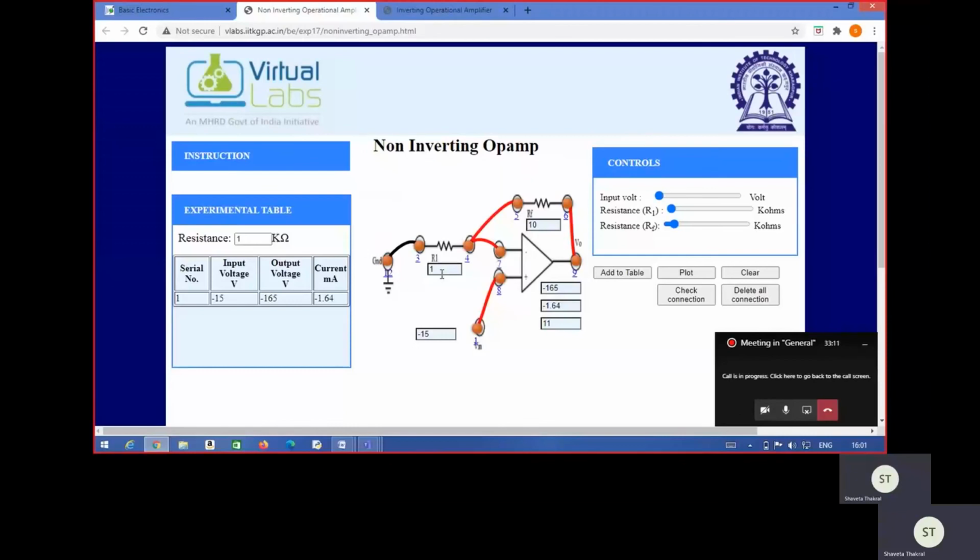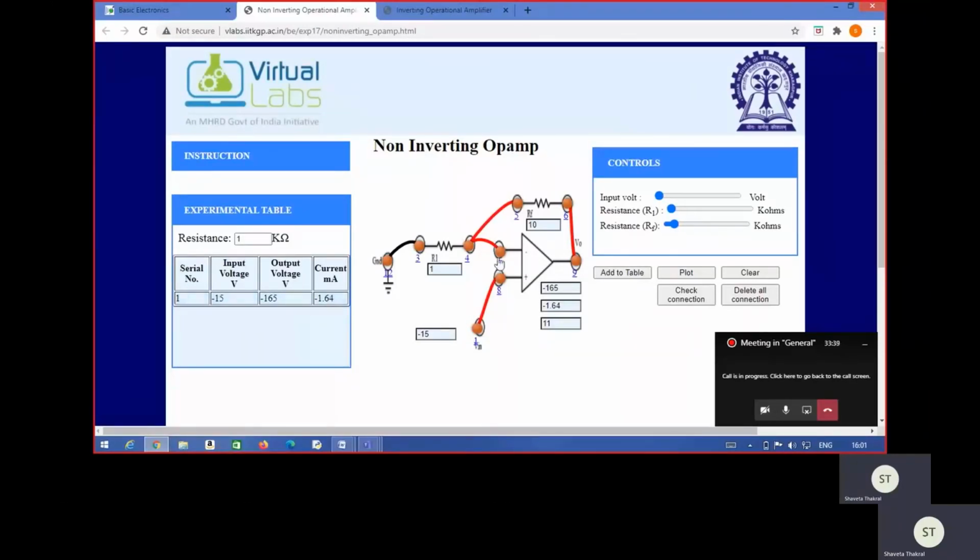And in the formula we have 1 plus RF by R1, so 1 plus 10 becomes 11. So the voltage gain for this non-inverting operational amplifier with R1 at 1 kilo ohm and RF at 10 kilo ohm is 11. So when we multiply the input voltage of minus 15 with the voltage gain 11, the output voltage comes out to minus 165.